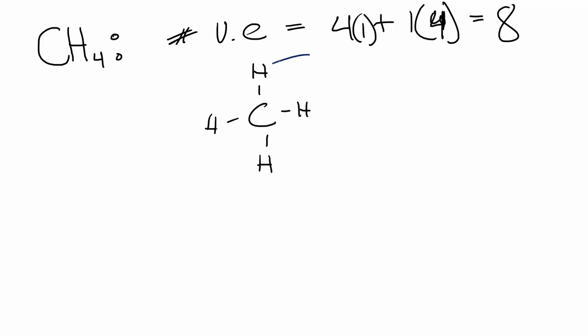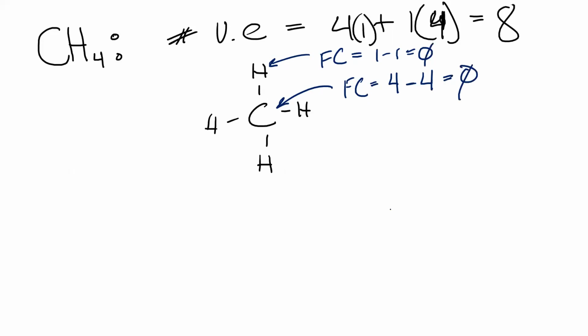You can go through and look at the formal charge on each atom. We'll just look at one hydrogen since they're all identical. It's 1 minus 1 gives you 0. Formal charge on the carbon now. Remember, it starts with 4 valence electrons that the carbon would have started with, minus 4 things surrounding it, giving you 0. So in this case, the formal charge on all atoms is 0. Therefore, this is the most stable structure. And this is therefore the structure of carbon tetrahydride.